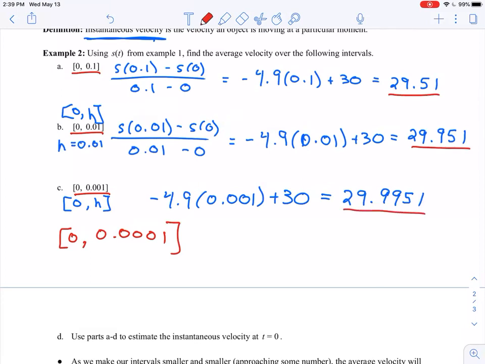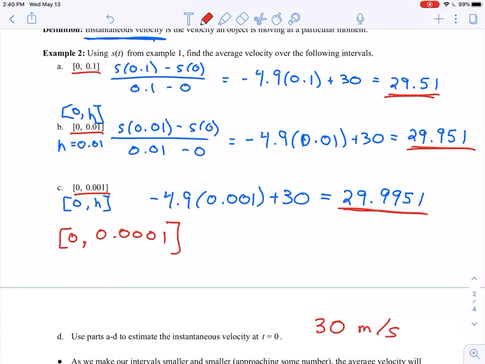If I'm making my interval very, very small, I'm starting to talk about one particular moment in time. So I want to ask myself, what are these average velocities getting closer and closer to? Well, 29.51, 29.951, 29.9951. It looks to me like they're getting closer and closer to 30 meters per second.